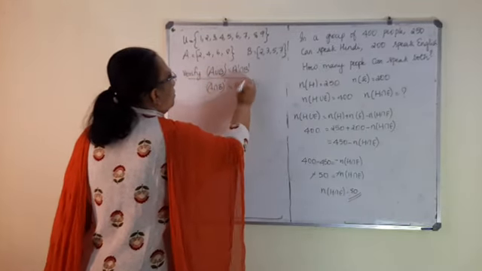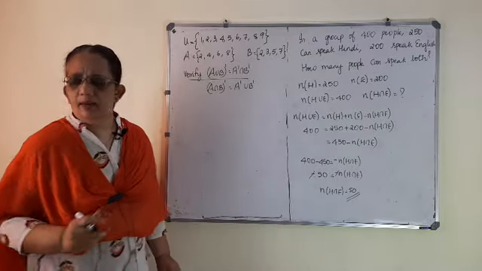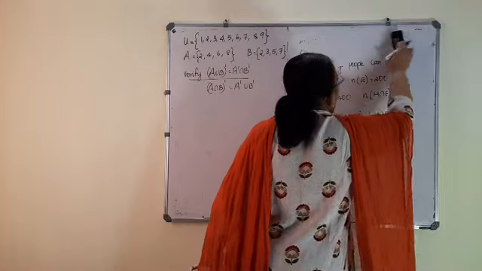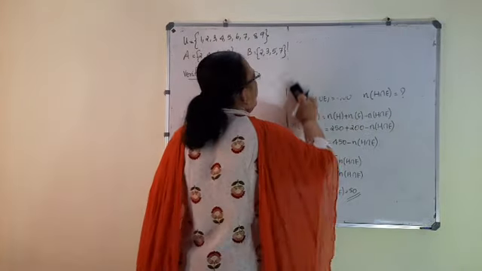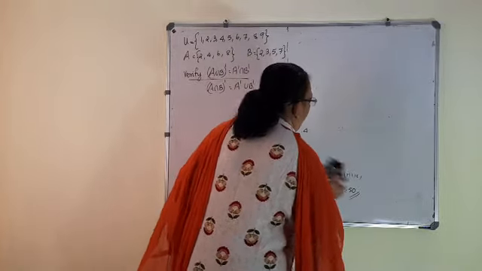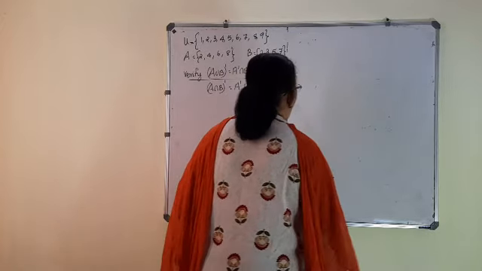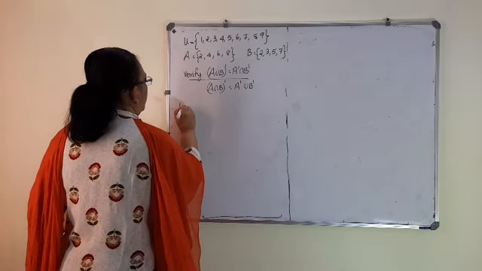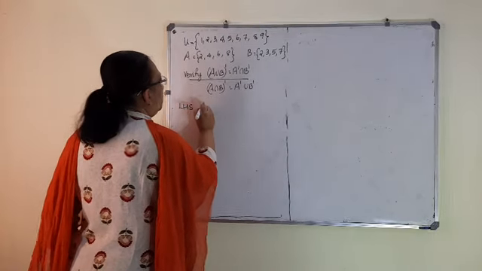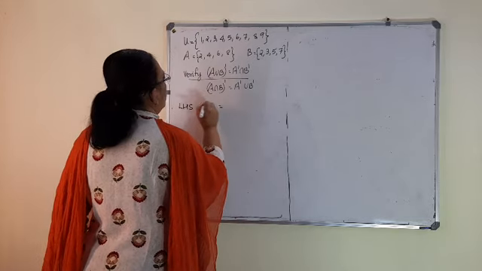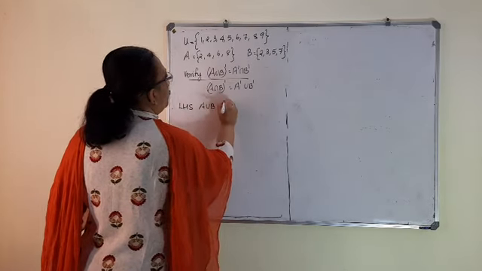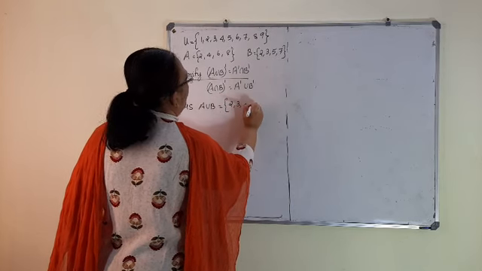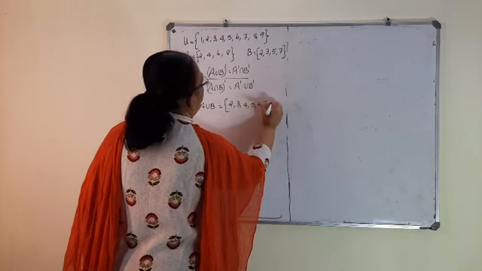Verify means you have to make LHS and RHS equal. First we start from the LHS. A union B. What is A union B? 2, 3, 4, 5, 6, 7, 8.